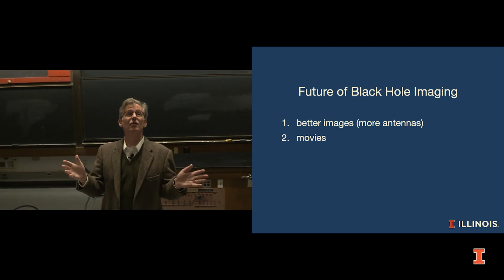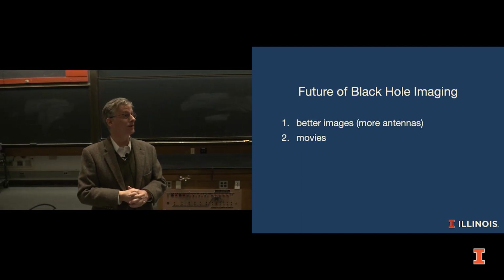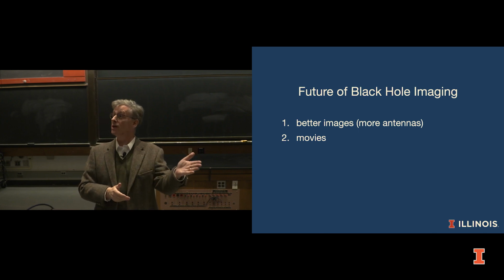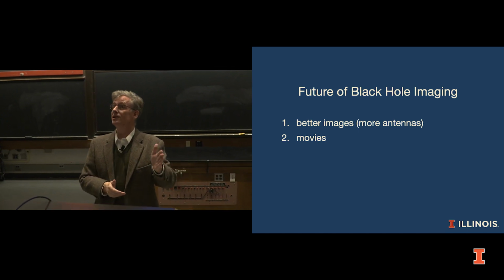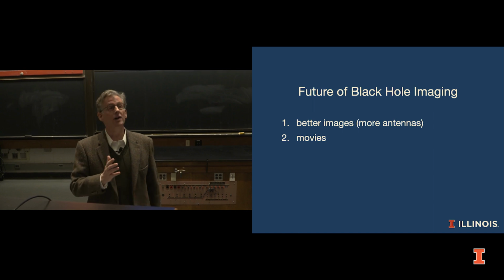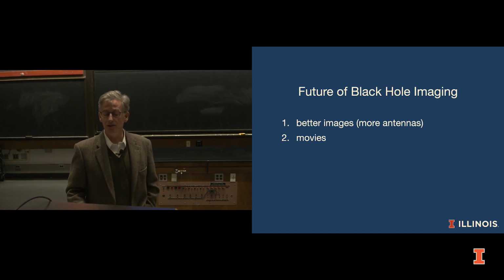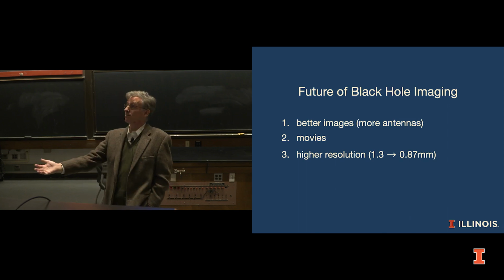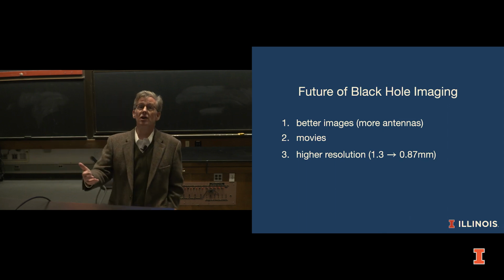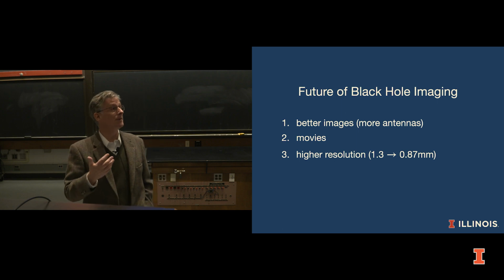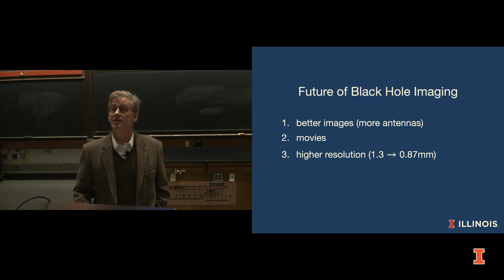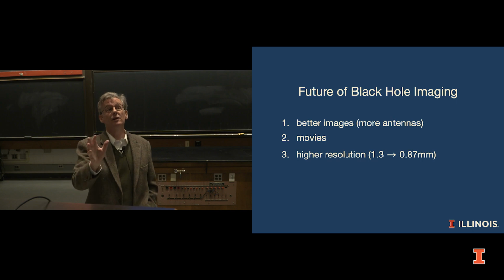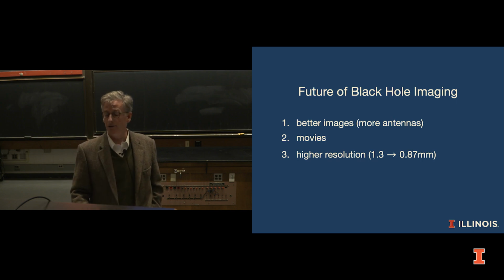And there's a limited set of windows in the millimeter where we can do this. So 1.3 millimeters, where we operate now, is one of these windows. There's another window at about 0.87 millimeters. And efforts are underway to put a new set of receivers on these telescopes and to make them capable of observing at 0.87 millimeters. So that'll increase the resolution by about a third over what we can do now.